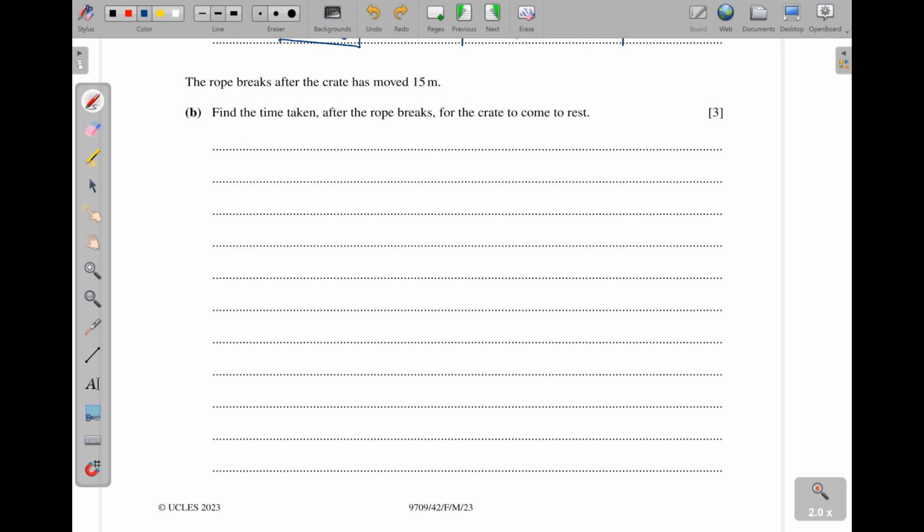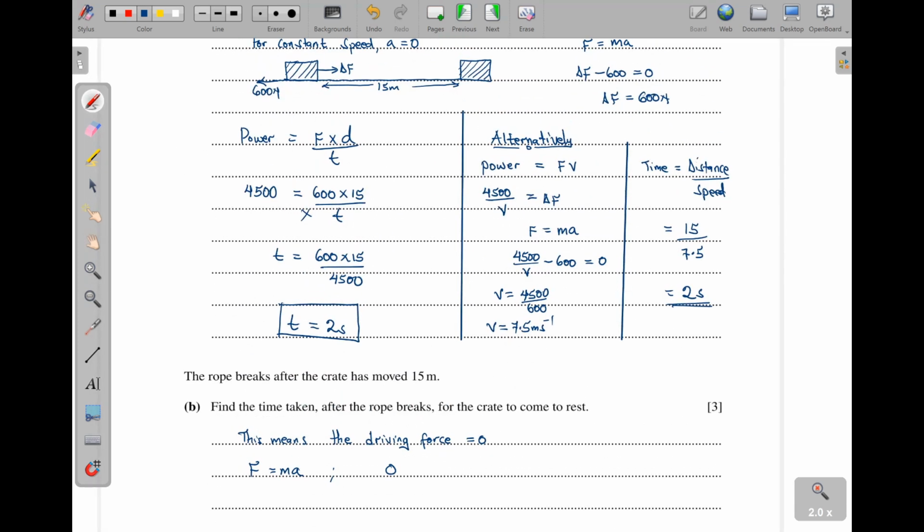So I will say this means the driving force is equal to 0. Now, using F equal to MA, the driving force minus the resistance force is equal to MA.